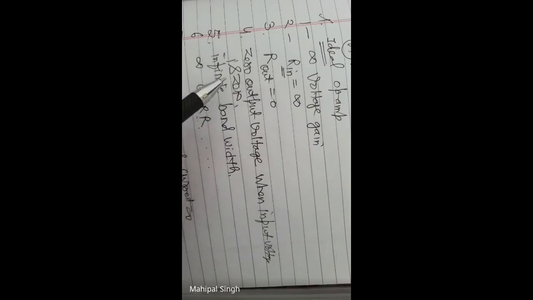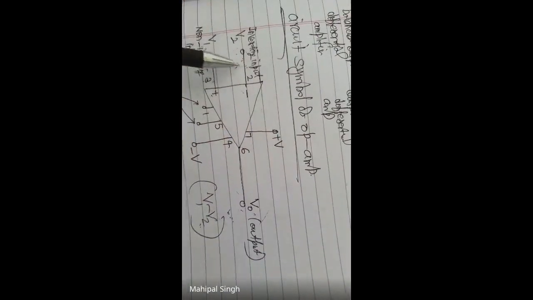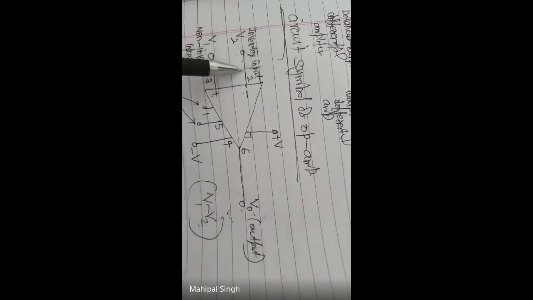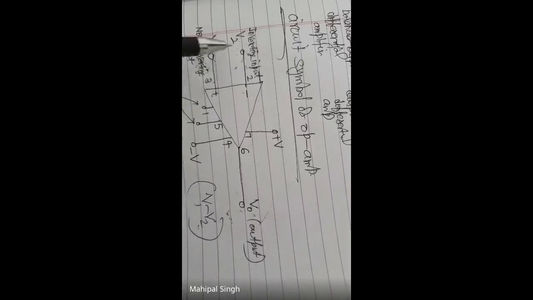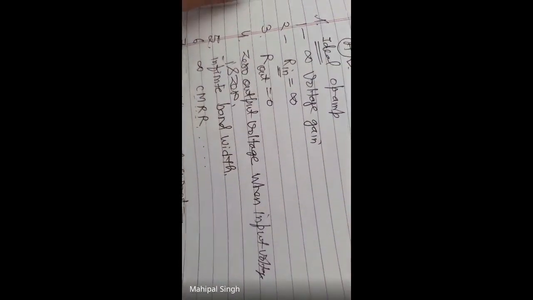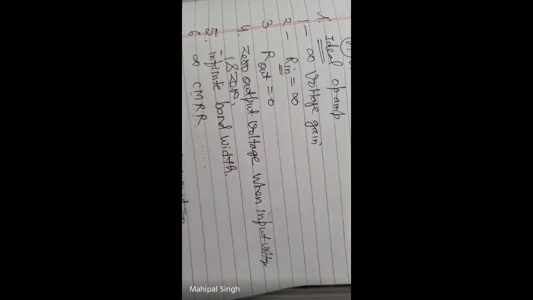Moreover, infinite gain means that input voltage Vi is also 0. For Vi to be 0, inverting and non-inverting terminals are at the same potential. Therefore, potential difference will be 0. Vi will be 0.